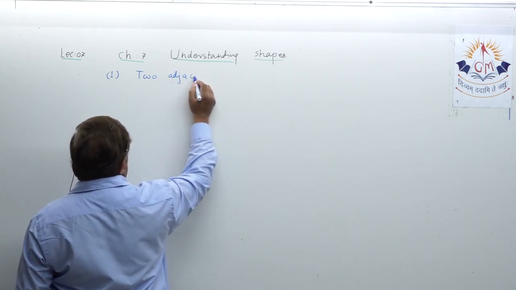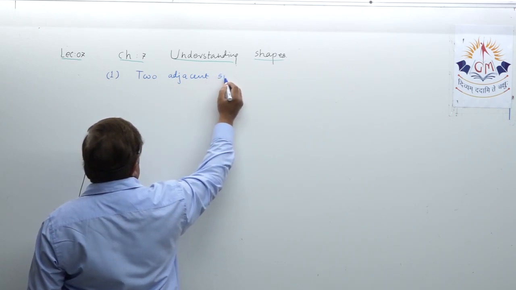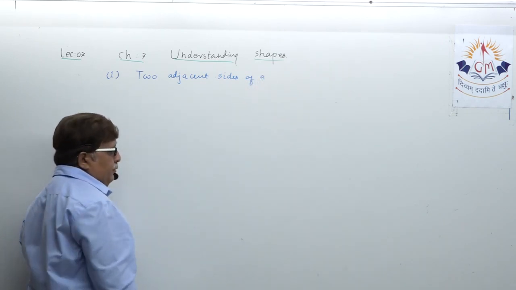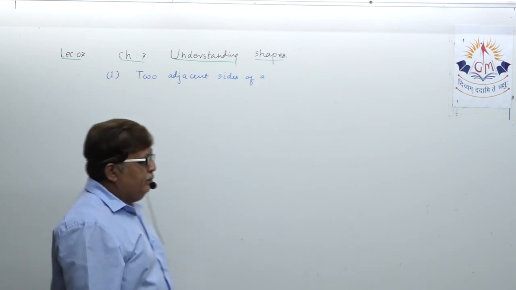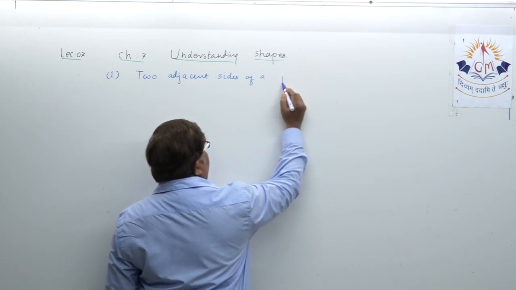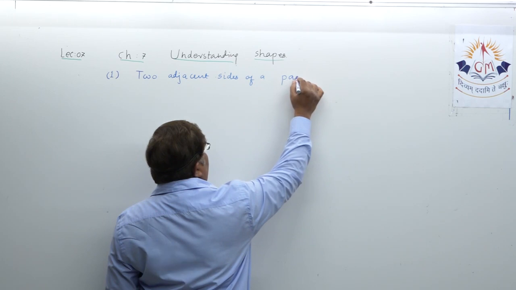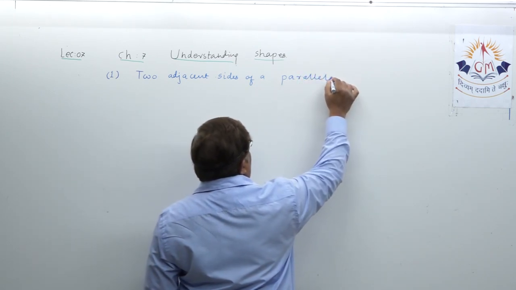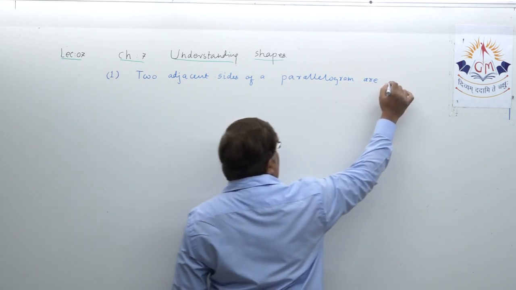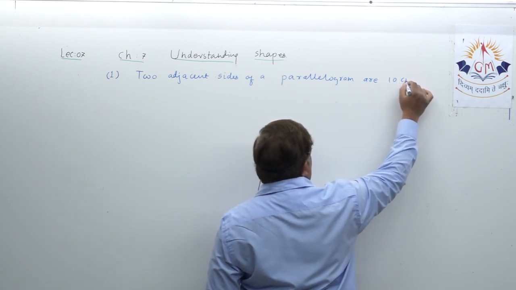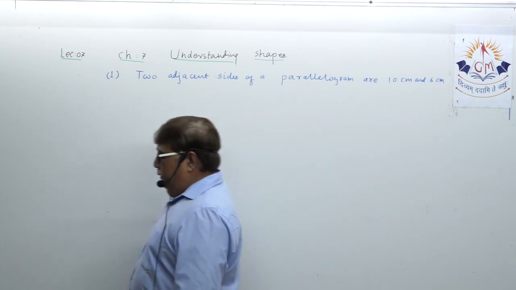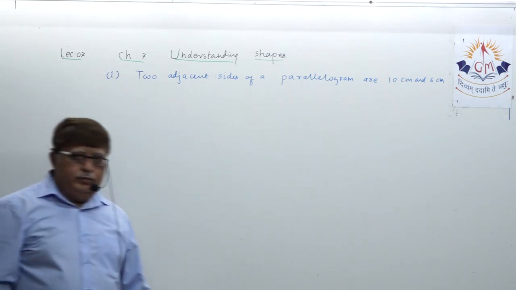Two adjacent sides of a parallelogram are 10 centimeter and 6 centimeter. Note down with me. Look at the data and please write.